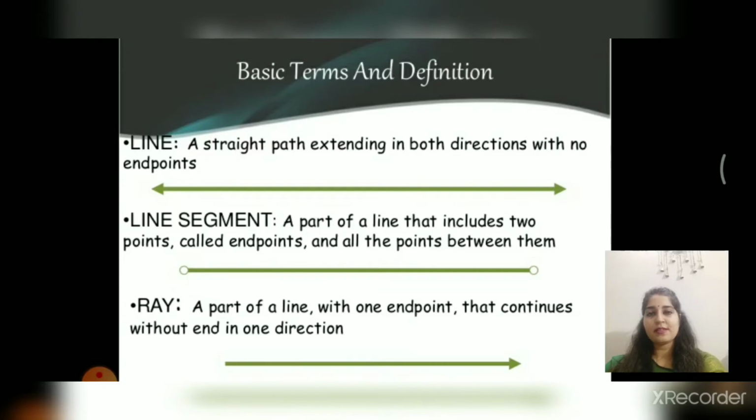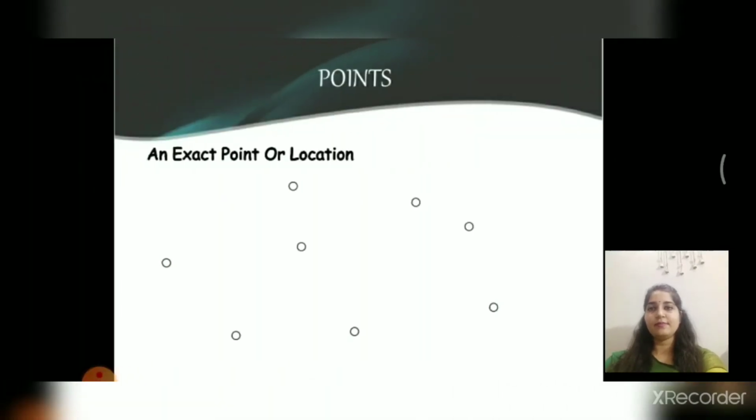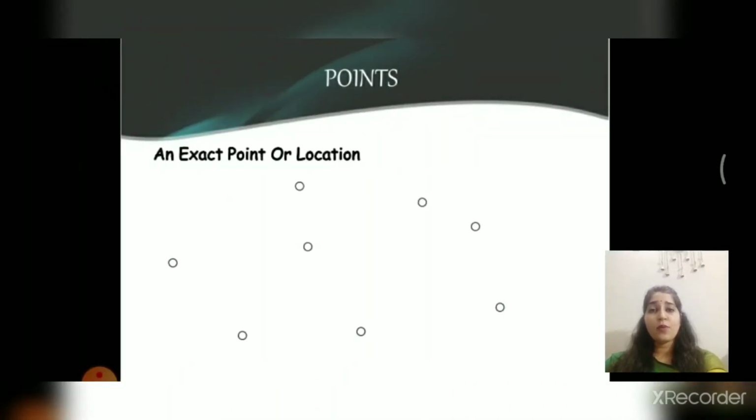That represents a ray. One more basic element of geometry which is very important is a point or location. As you know, many points are joined together to form a line, line segment or any type of figure.